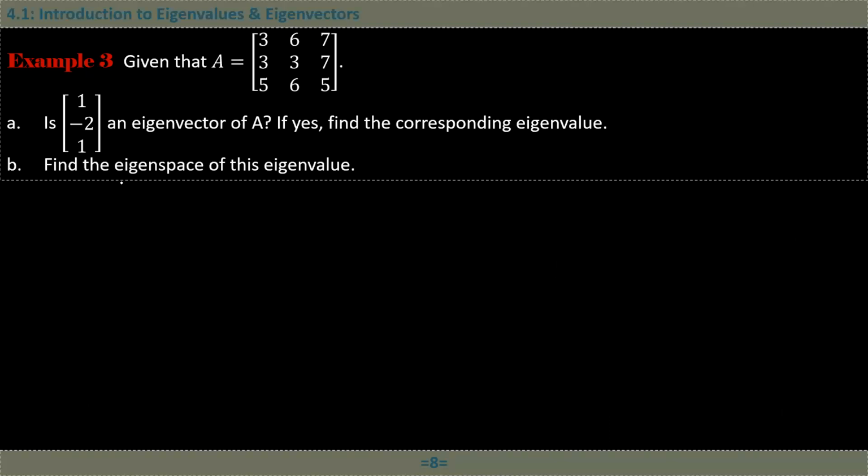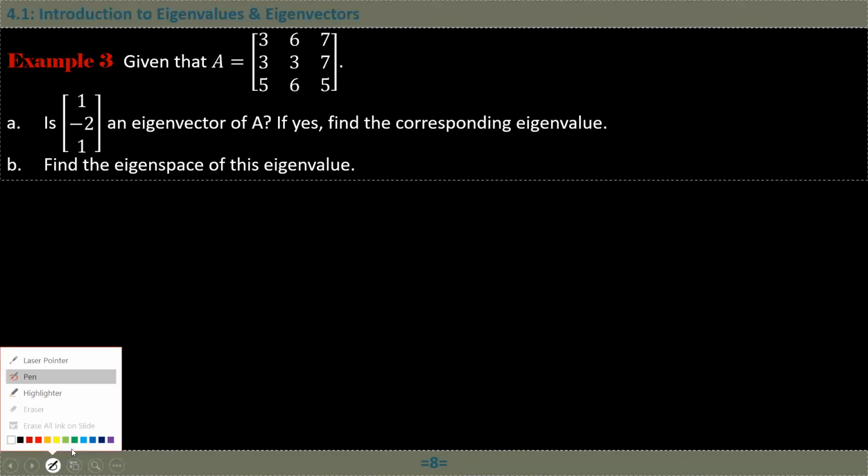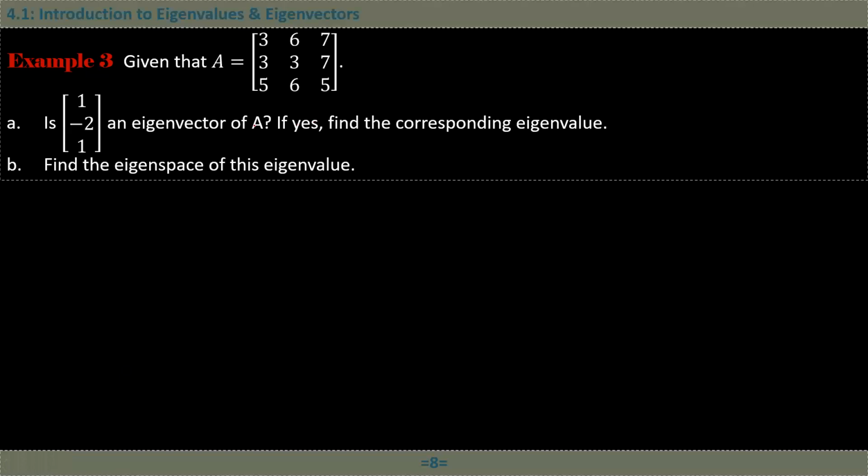Okay, immediately let's see another example related to this. Here we are given a 3 by 3 matrix. Is the vector whose components are 1, negative 2, 1 an eigenvector of A? First, we have to answer this question. If yes, find the corresponding eigenvalue. How can I show this?